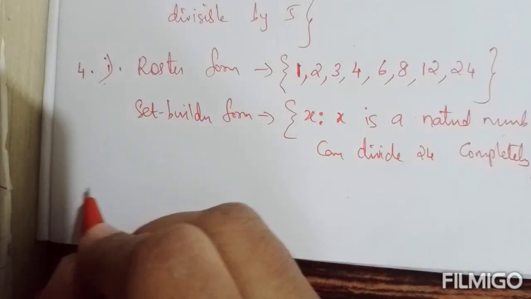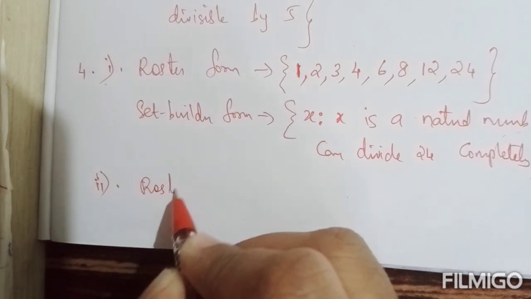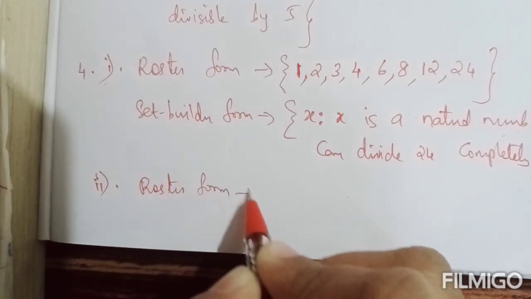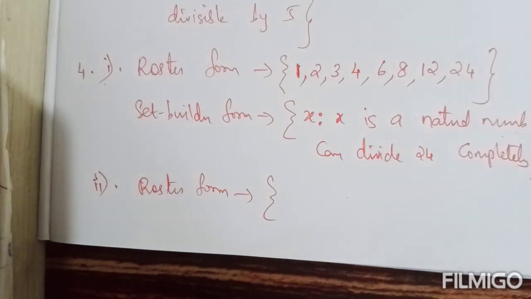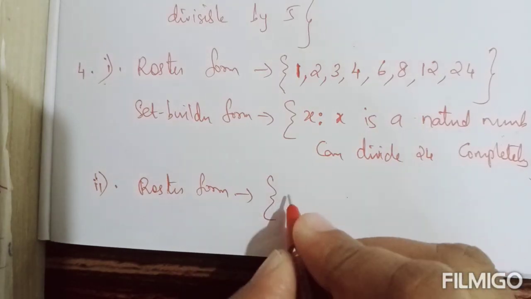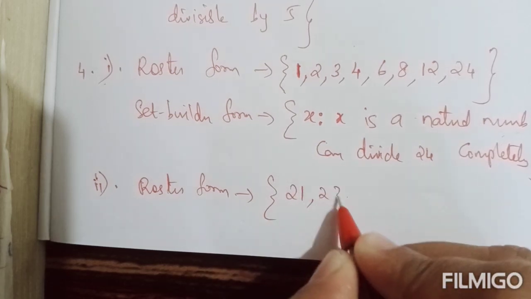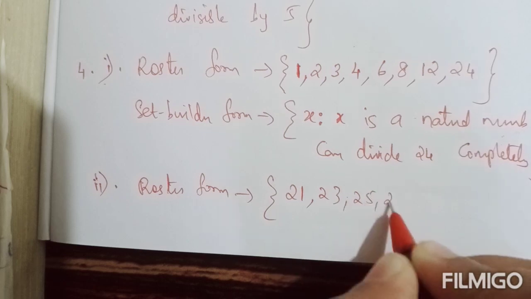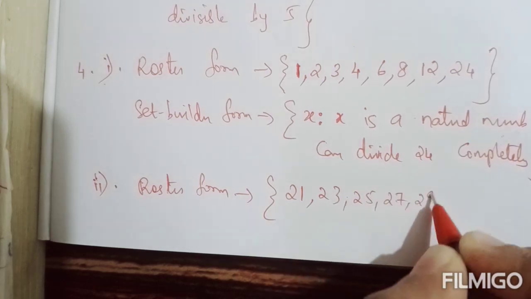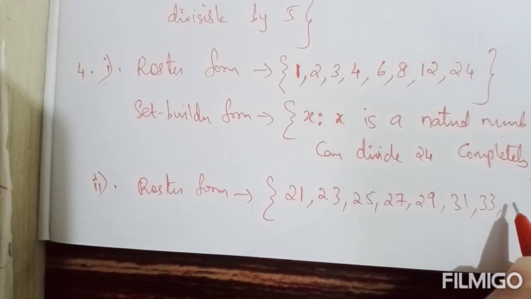Okay, now in that second one, set of odd numbers between 20 and 35. So in roster form, first you have to write odd numbers between 20 and 35. Odd numbers after 20 it is 21, 23, 25, 27, 29, then 31, 33.